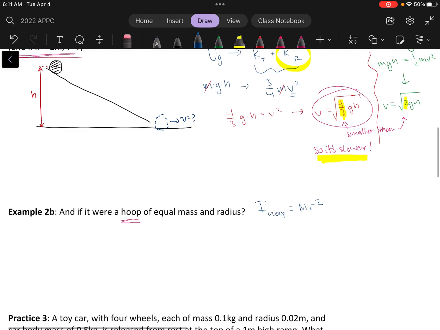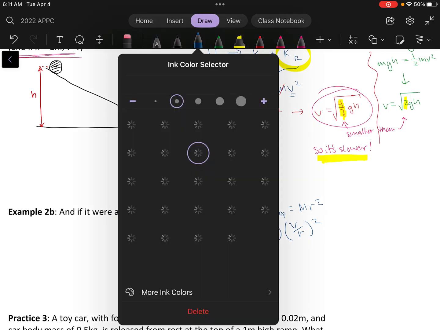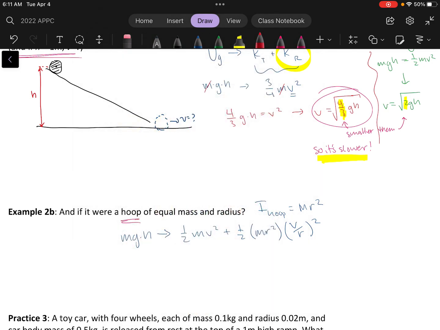Let's see. We've got the new kinetic energy, so we'll still have m times g times h for the potential. And that's going to turn into 1/2 mv squared for the translational motion, plus 1/2 the rotational inertia, mr squared, multiplied by v over r, the quantity squared.